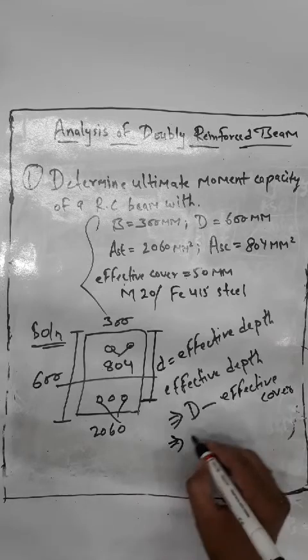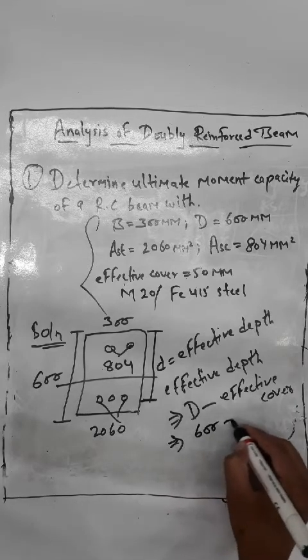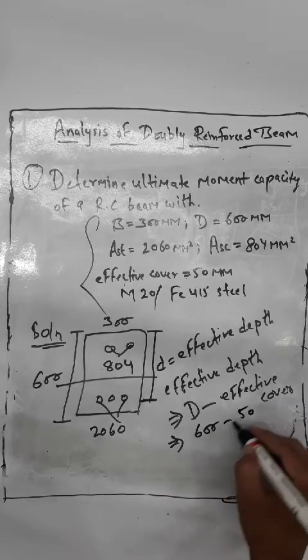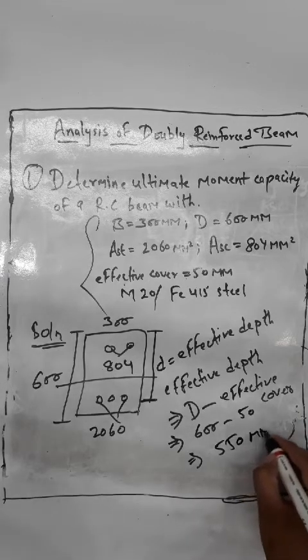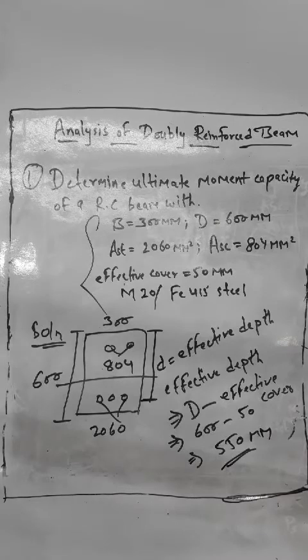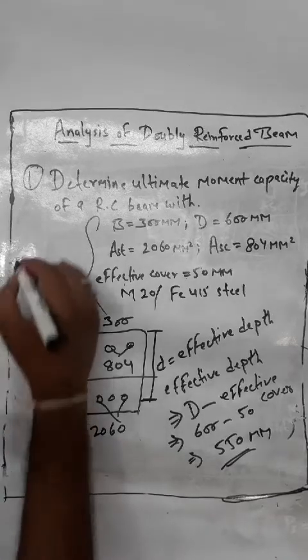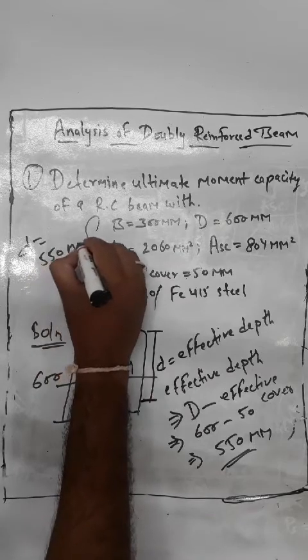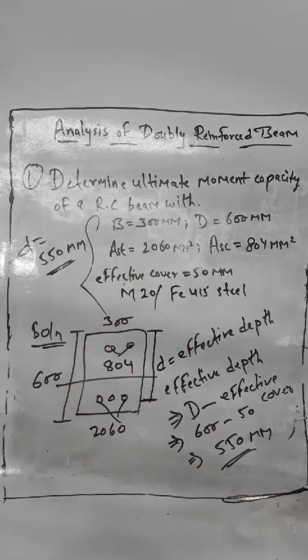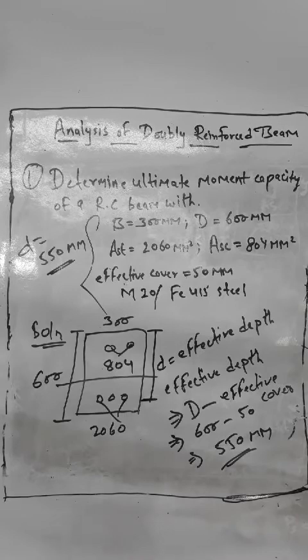In this case capital D is 600 and effective cover is 50. So our effective depth is 550 mm. Here we write small d is equal to 550 mm. This value is used for effective depth.